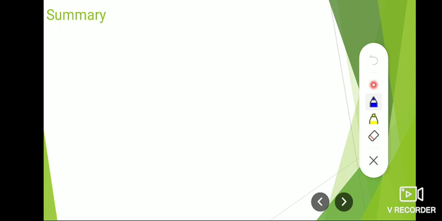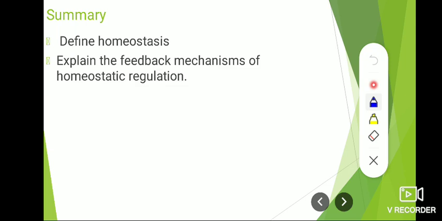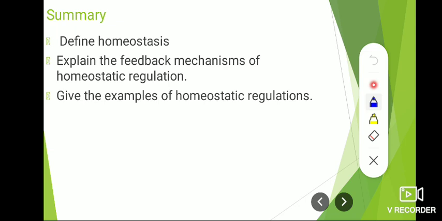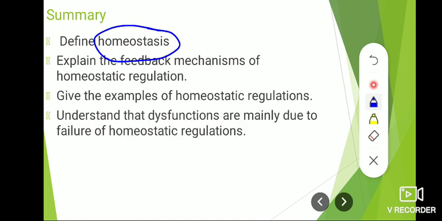So to summarize what we have learned today, what is homeostasis? We have explained the feedback mechanisms involved in this, and there are two: one is positive, one is negative. And homeostasis means basically maintenance of constancy of the internal environment, that is ECF. Two examples we have taken.